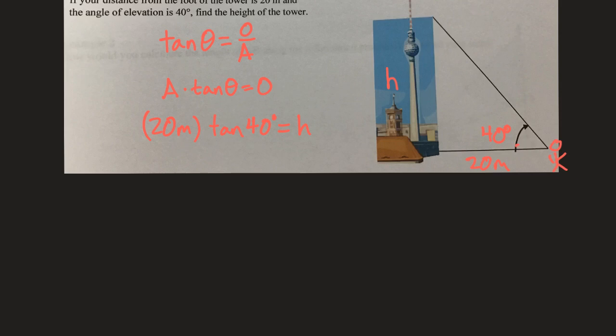When you plug into your calculator, you're going to get a result of h is roughly equal to 16.781, and it's going to be in meters for your height.